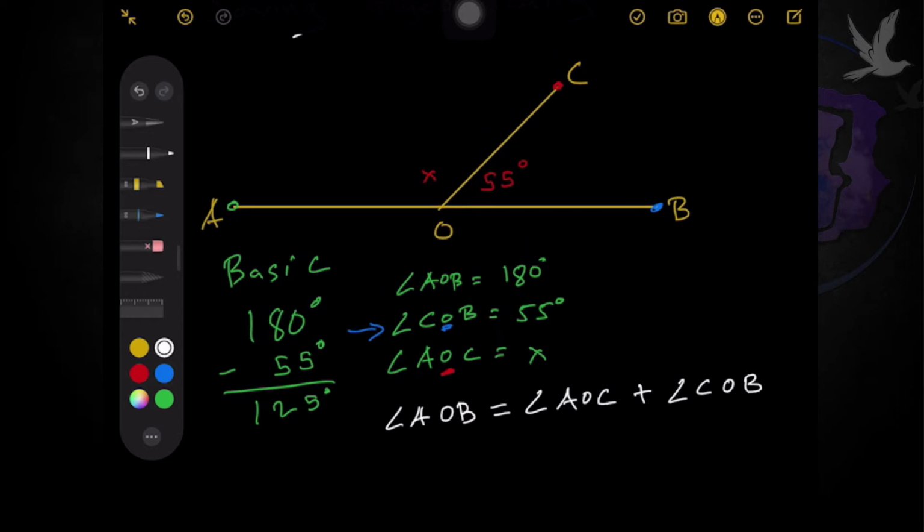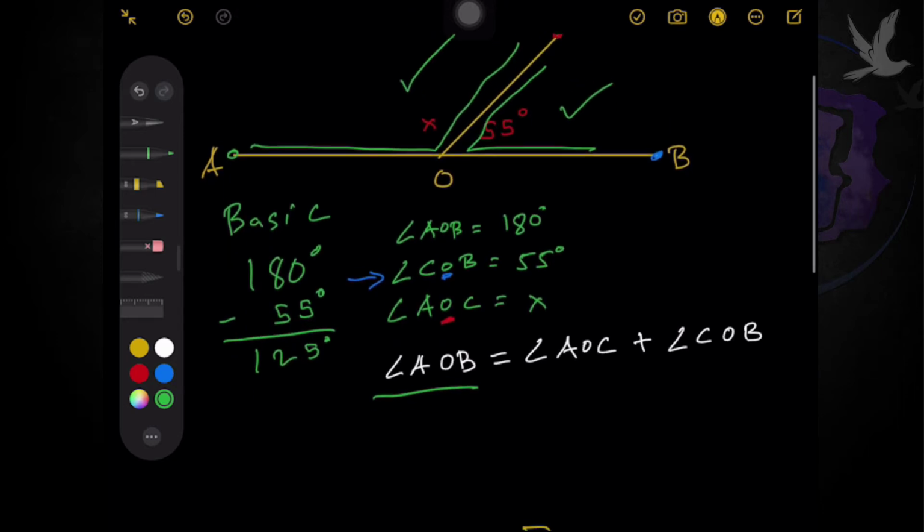In other words, itong angle na to, AOB, the straight line, is equivalent to angle AOC added to angle COB. If you add this angle and this angle, this sums up to the straight line, which is equivalent to angle AOB. Okay? So, ganyan lang muna.